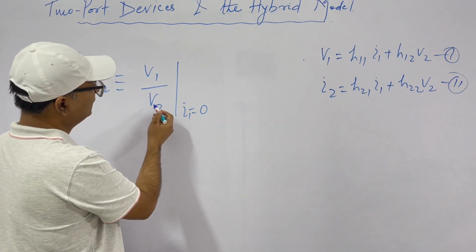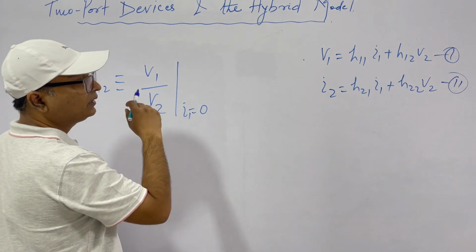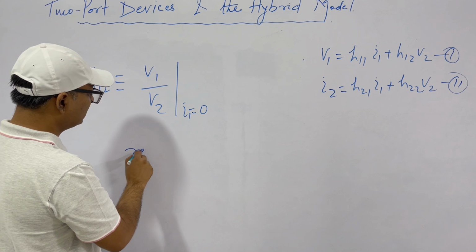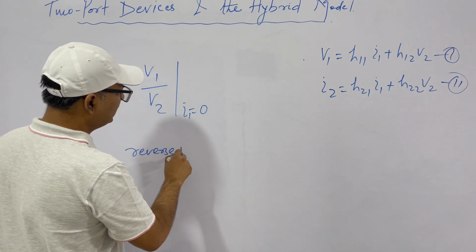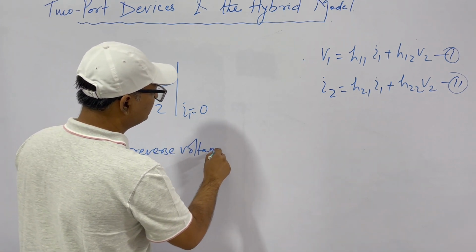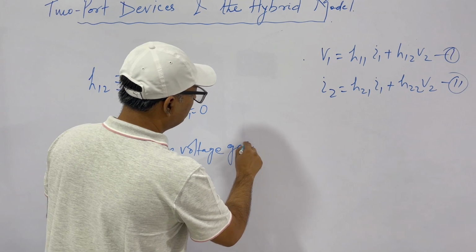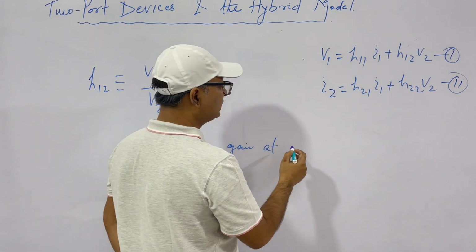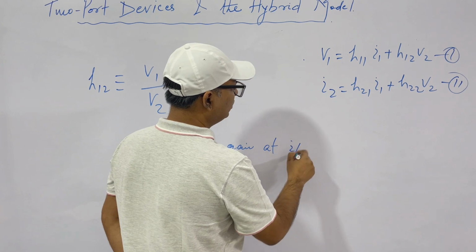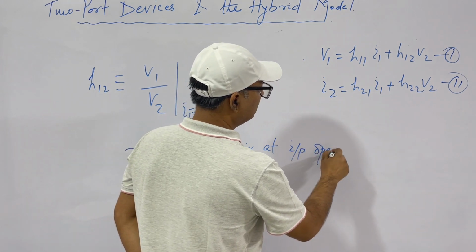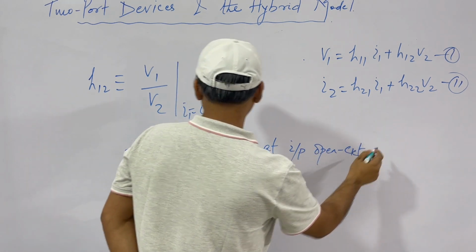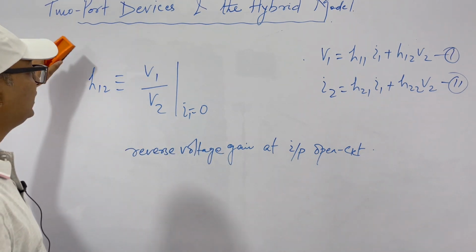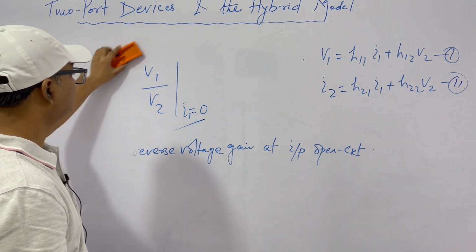And V2 by V1 would be the voltage gain, so this V1 by V2 is the reverse voltage gain, at I1 equal to 0, or you can say input open circuited. Okay, clear? So this is reverse voltage gain at input open.